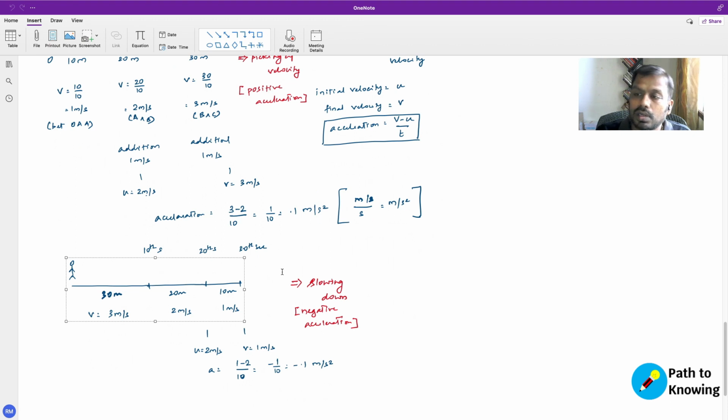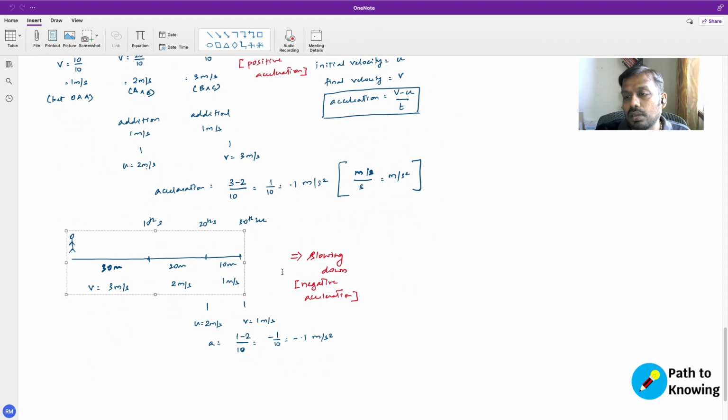So we have positive acceleration and we have negative acceleration.